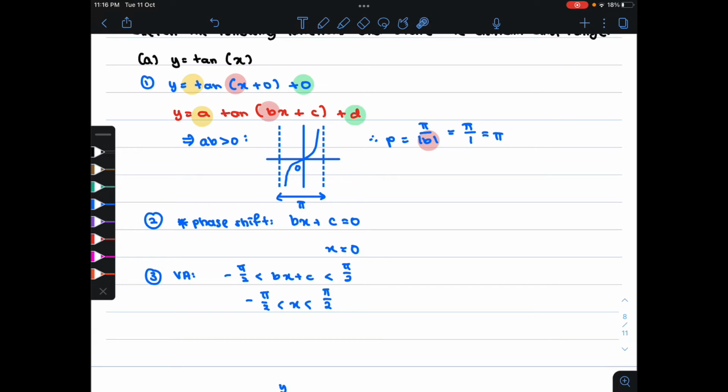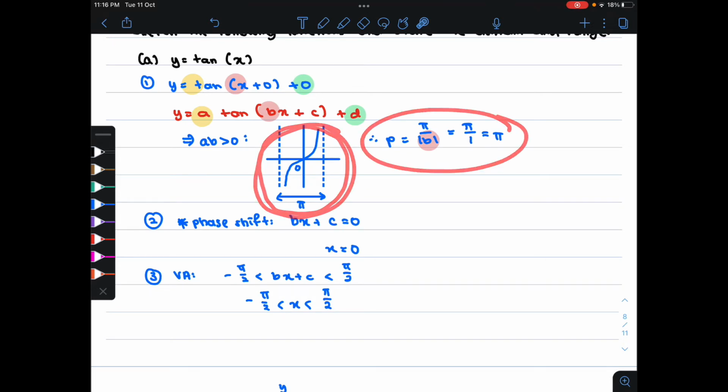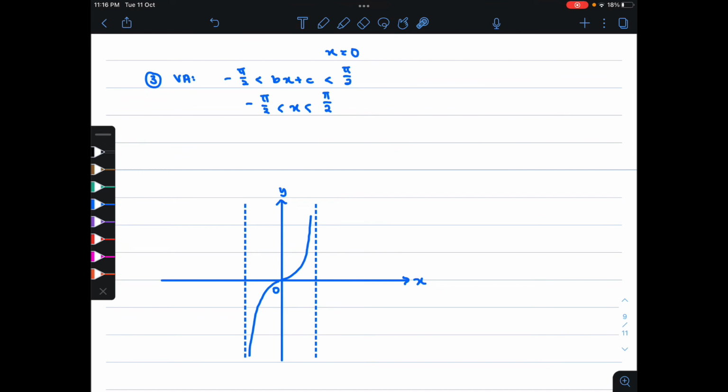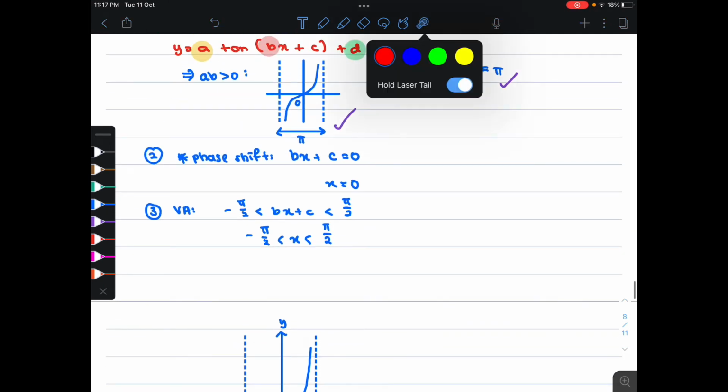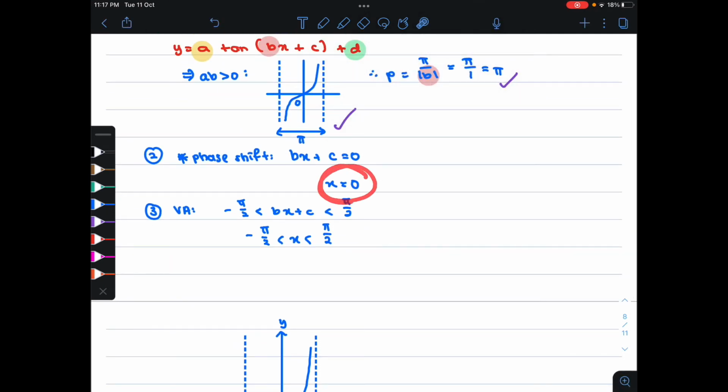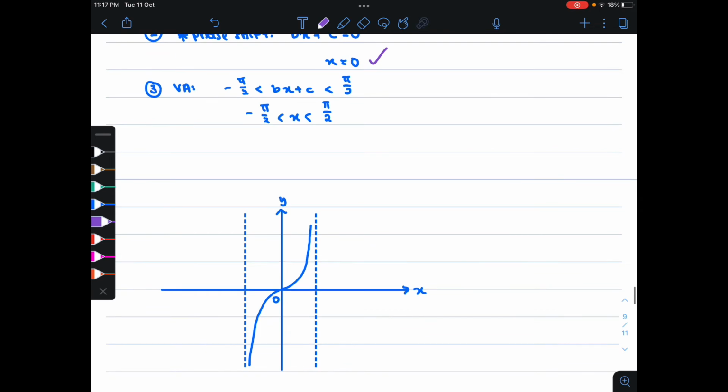So now let's try and sketch our graph. This is the basic shape of our graph, and the period is pi. So the inflection point will be at the origin, like this. Next, we need to do the phase shift. So x equal to 0 means that there is no shifting to the right or to the left. So our graph stays right here.